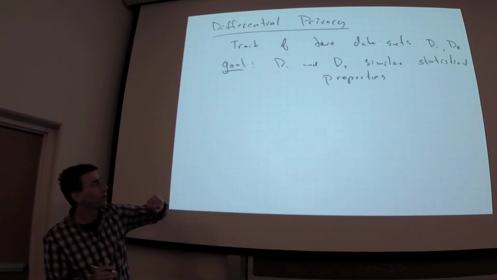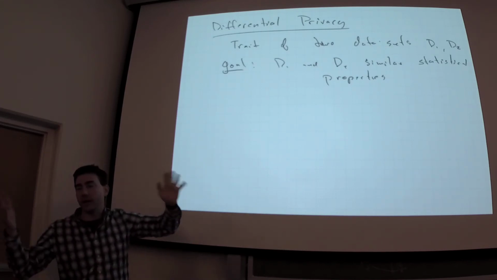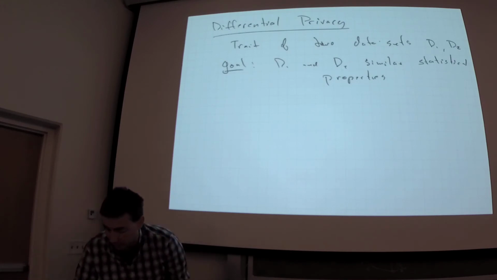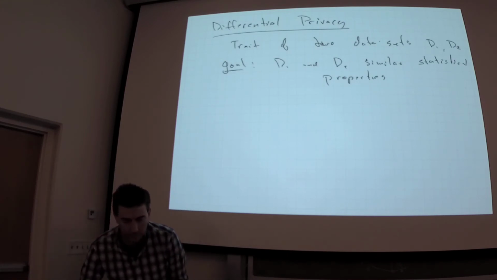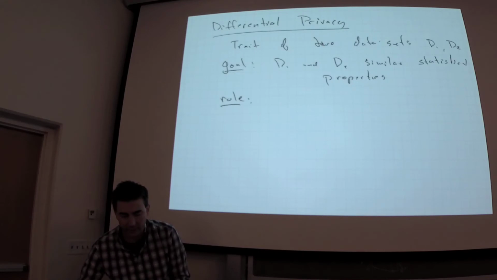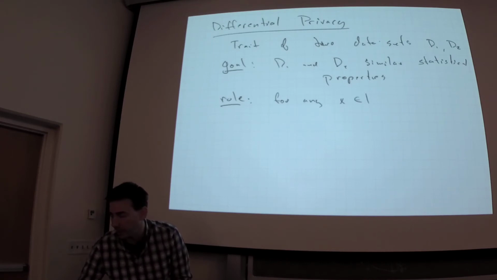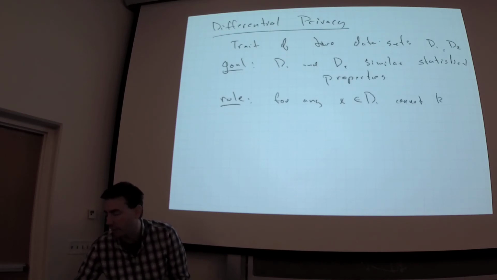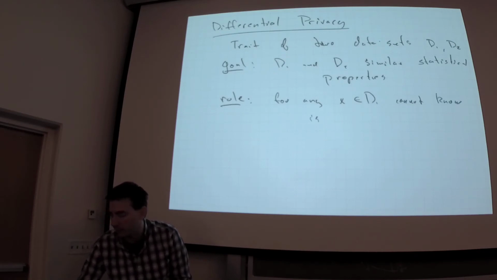And so I'll describe this with particular analysis in mind, certain sorts of operations I can do. But with the rule that for any data point in D1, I cannot know its value, say from D2, right?